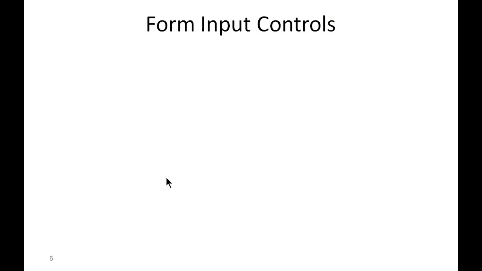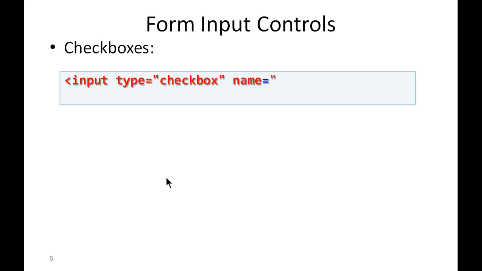now this slide is about form input controls. So how can the input controls of forms be built in an HTML form? The checkboxes, okay, I have already told you. All of you have seen checkboxes in any web page you have visited. So how to design a checkbox?